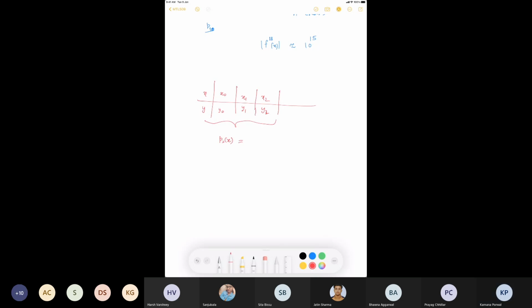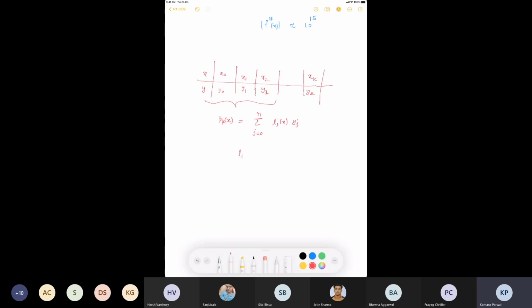Or let me take a general case. You have, say, xk, yk. You can find a polynomial of degree less than or equal to k, which is going to be the summation j equal to 0 to n of Lj of x times yj. Now what are the Lj's of x?